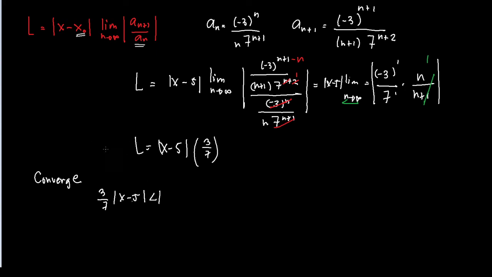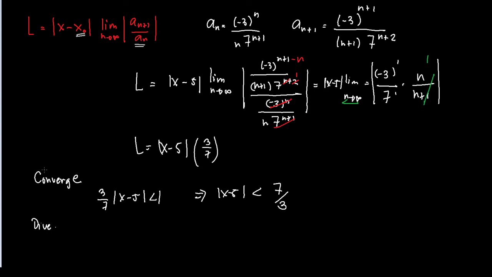And now let's transpose the constant here to the other side. It means that the series will converge if the absolute value of x minus 5 is less than 7 over 3.